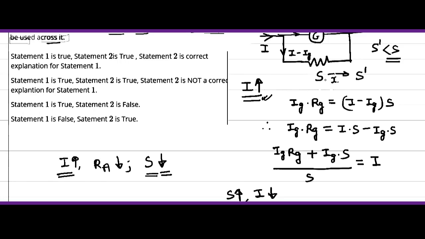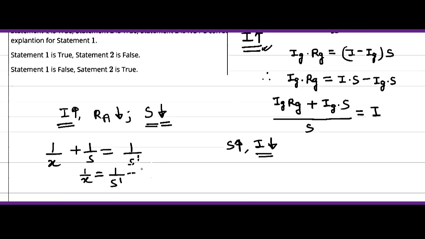Because this is a parallel combination, 1 upon X plus 1 upon S equals 1 upon S dash, so 1 upon X equals 1 upon S dash minus 1 upon S. So we are adding X, but the new resistance will be decreasing.